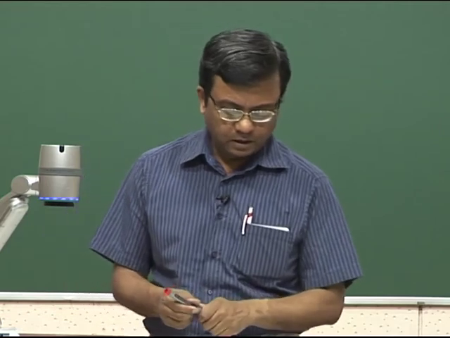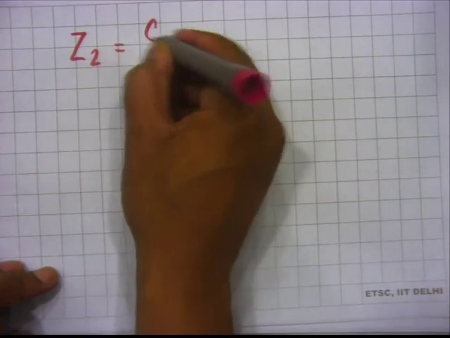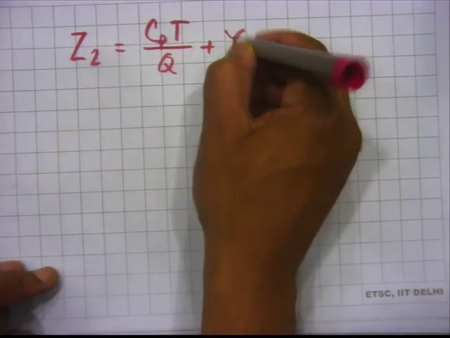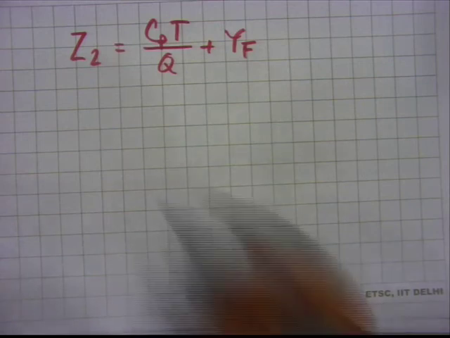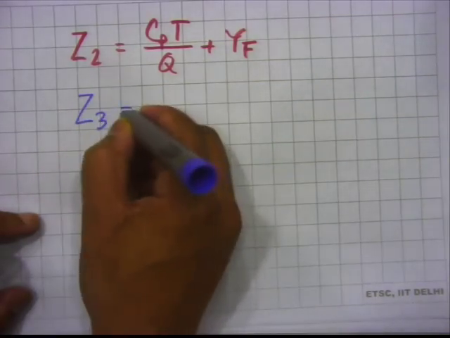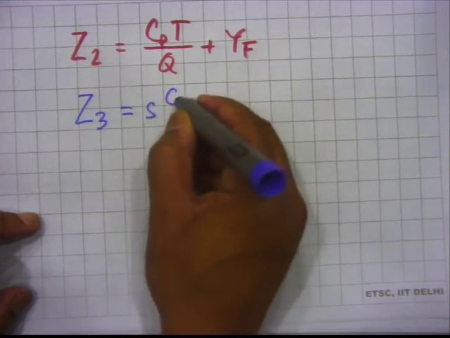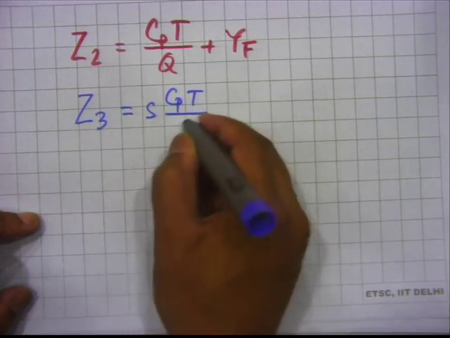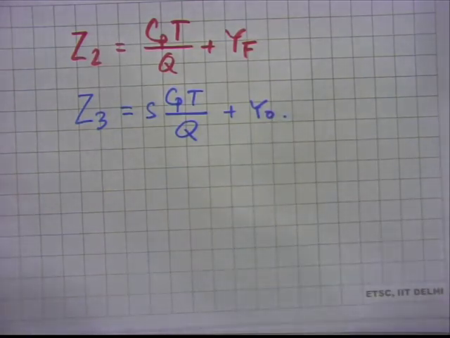So we'll have a Z2, which is this combination will work, and we'll also have a Z3. Mind you, don't cross the middle part of the Z. Just write it the way I am writing. So there is a Z2, there is a Z3.